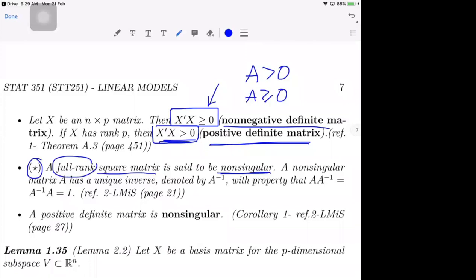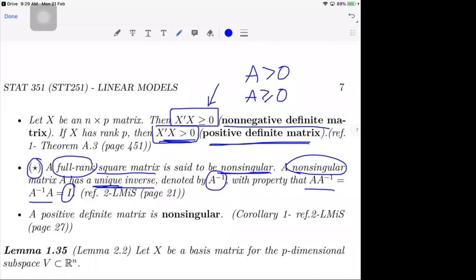This is very important. To check first that it is non-singular, it should be full rank. And then when you say a matrix is non-singular, it must have a unique inverse. Since it is unique, we denote it by A inverse with the property that if you post-multiply a matrix A by its inverse or pre-multiply a matrix A by its inverse, it is equal to the identity matrix. So full rank implies a non-singular matrix.